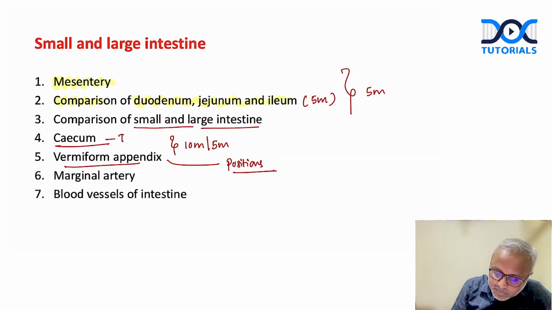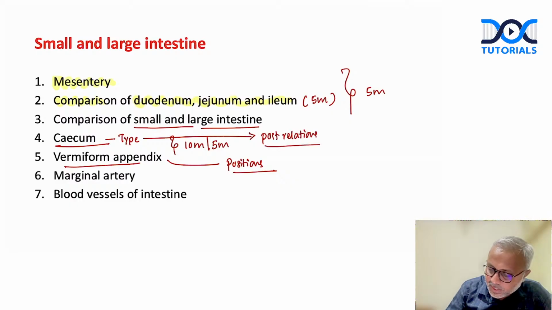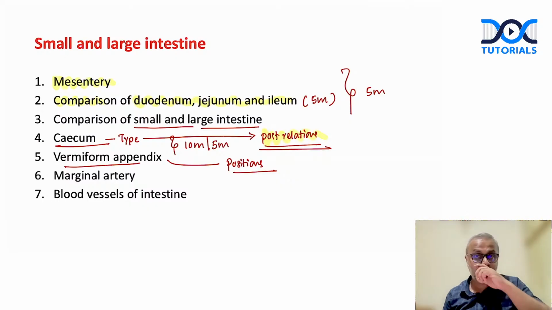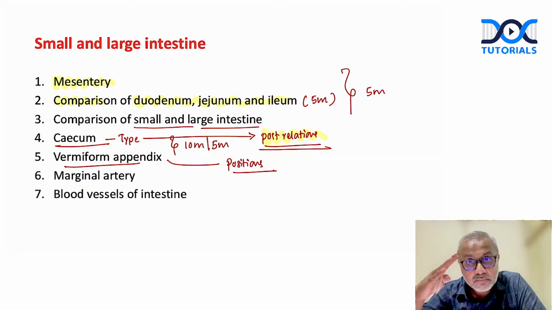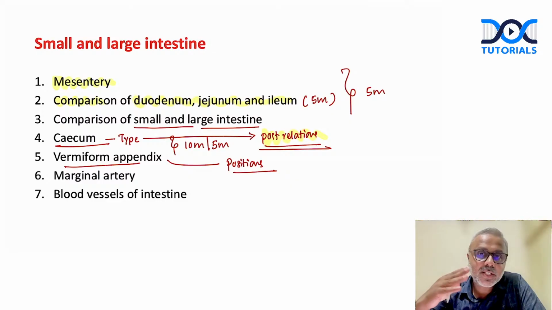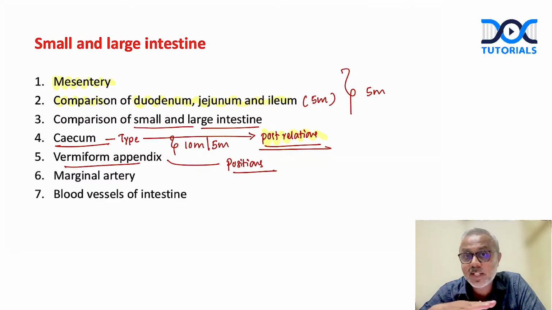In cecum, type, and my money is on, again, the posterior relations of the cecum, right? This is what is often ignored by the students, and this is a favorite topic for your paper setters. Even when you go to your gross anatomy practical, they will set questions on identification of structures related to the posterior surface of the cecum.